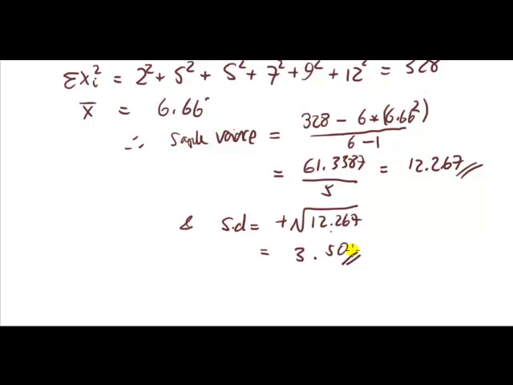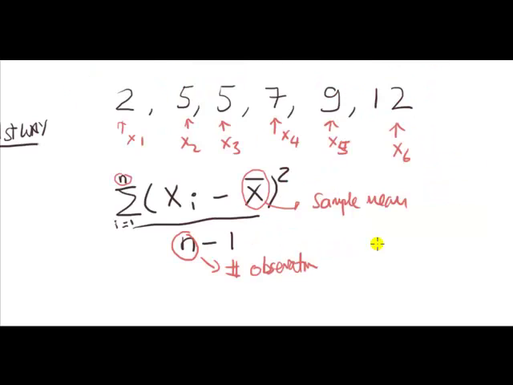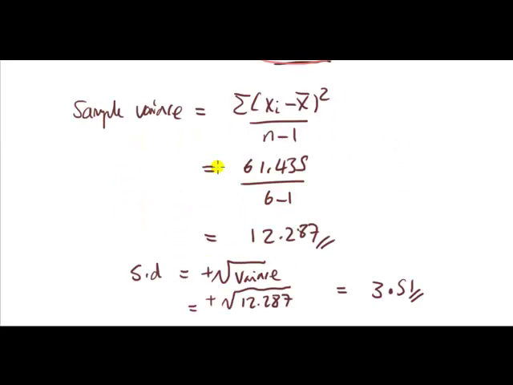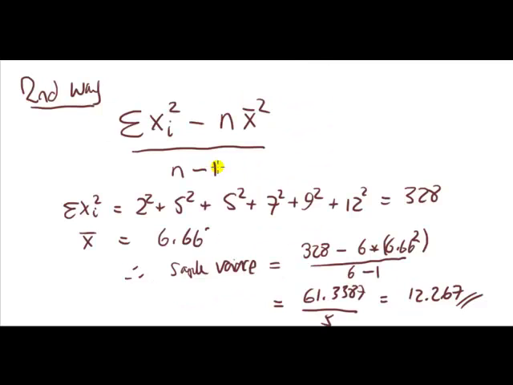Now, having done that, which do you think is a quicker method? This first way, or the second way? Well, I think you can see that this second way is much neater.